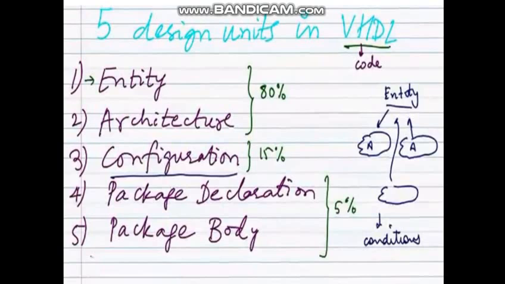In the complete VHDL language, these two terms, entity and architecture, are very important. If you are trying to cover the complete design structure, the two most important terms are the entity and the architecture, because by using these two terms we write the program nearly 80 to 90% complete.